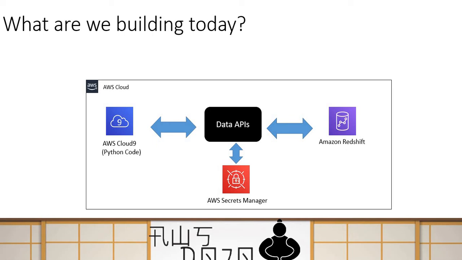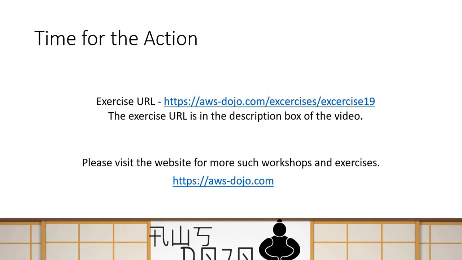In order to implement this, we have built an exercise. This is the URL of the exercise, and we have also provided the URL in the description box below. This exercise provides you step-by-step instructions to implement this scenario end-to-end.